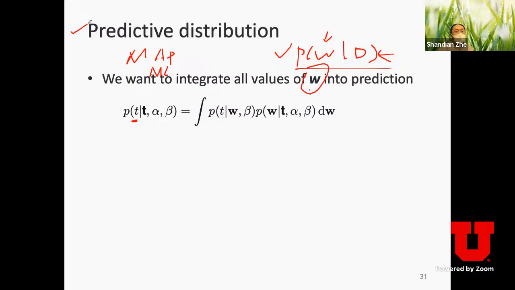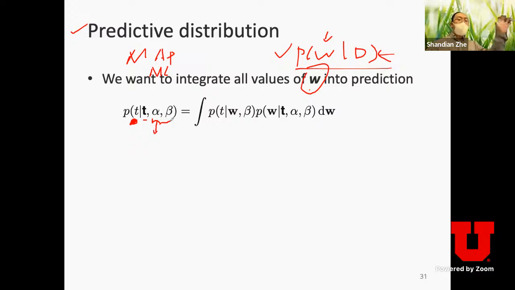So the predictive distribution is defined as the posterior distribution of your prediction given the training data and possibly some hyperparameters. Remember, alpha corresponds to the inverse variance of the prior and beta corresponds to the inverse variance of the likelihood.